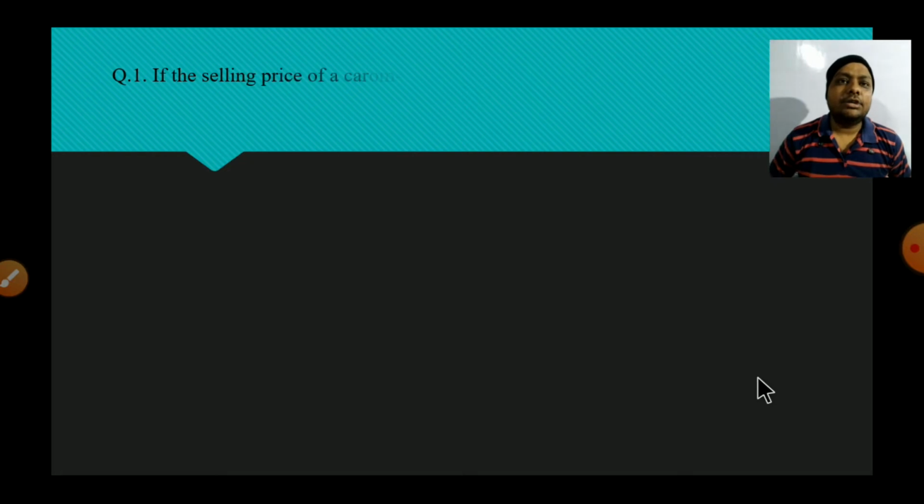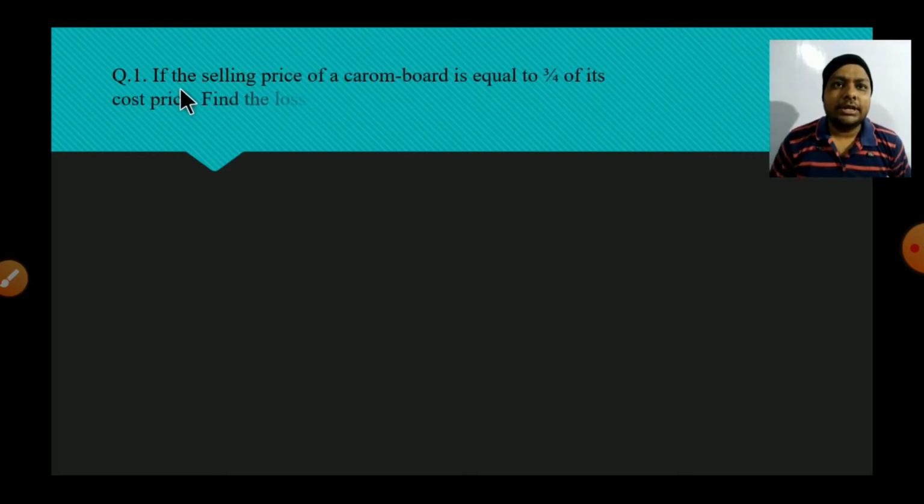Here is the first question. If the selling price of a carom board is equal to 3 by 4 of its cost price, then we have to find the loss percent. Clearly the selling price is being compared to the cost price. So in that case we have to assume the cost price.